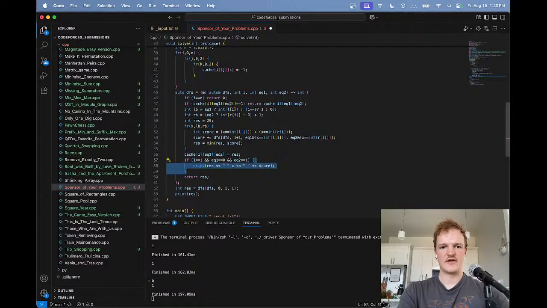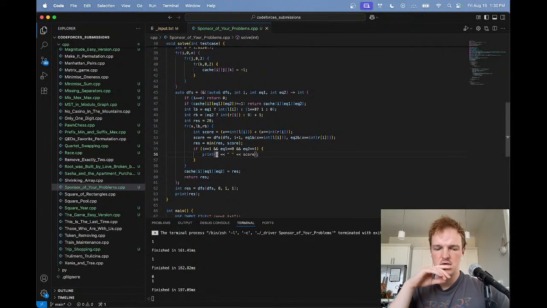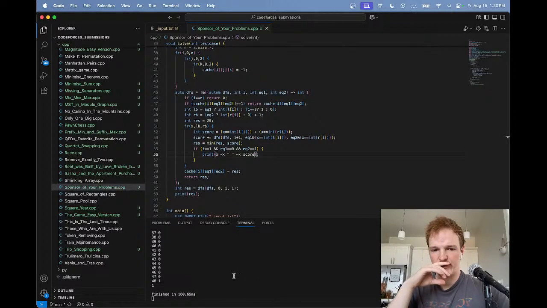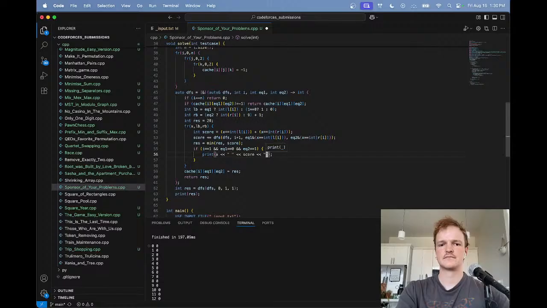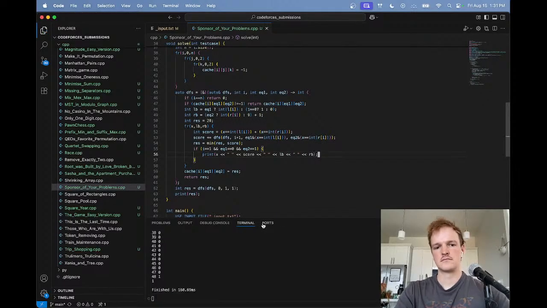So let's see what happens if I put the score in. Interesting. So X is going up to 49. Way too big. So probably there's some error right here. Okay, LB is 0.